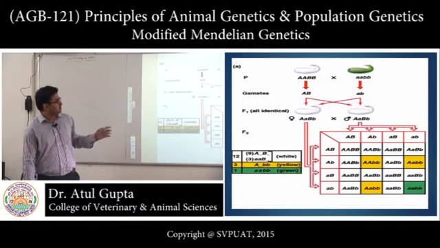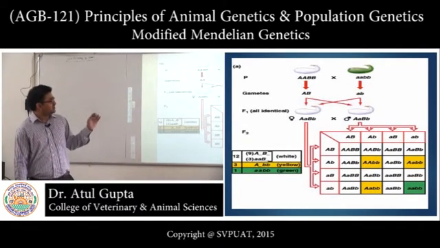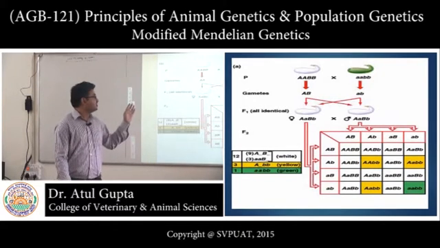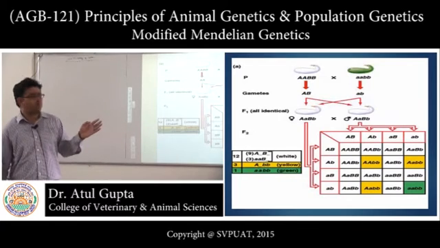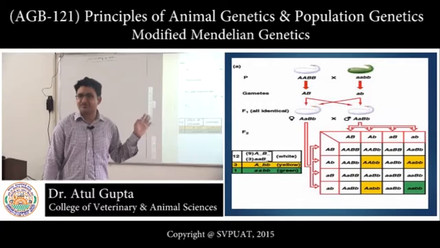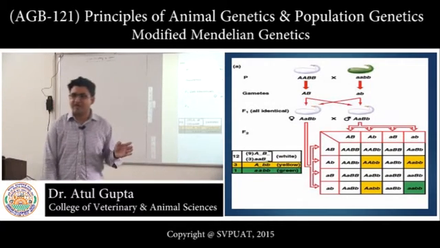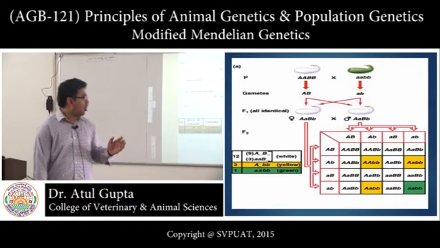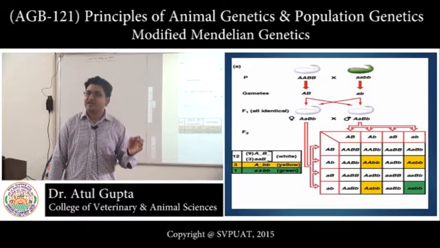So in this picture we can see when we cross a white squash with a green squash, having genotypes AABB and aabb, we will have gametes AB from white and ab from green. When we cross them, in F1 we will have all white having the genotype AaBb.